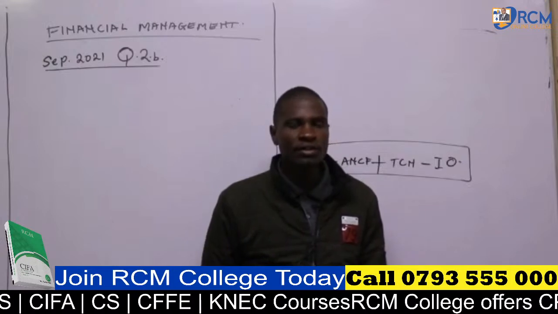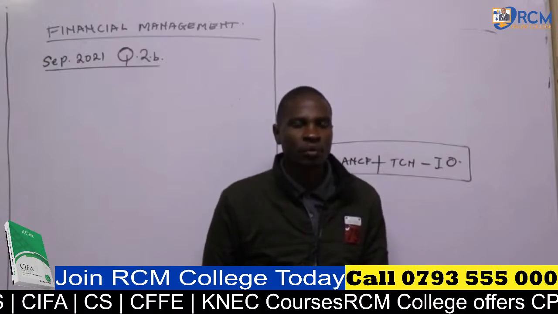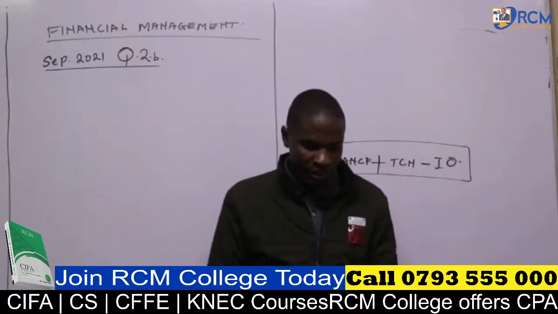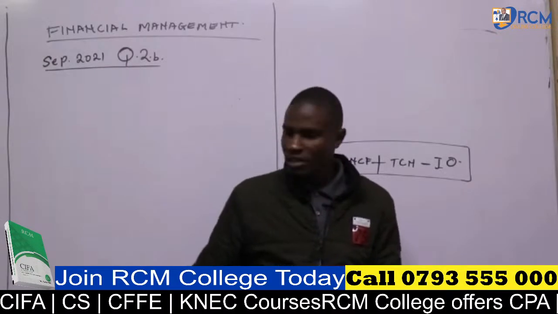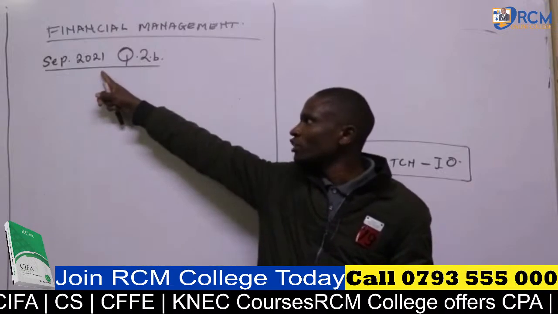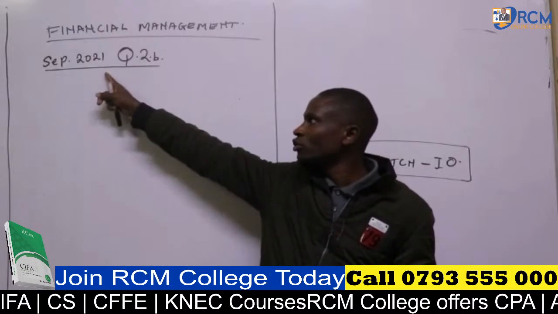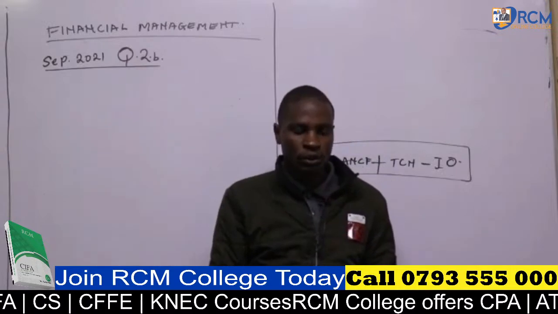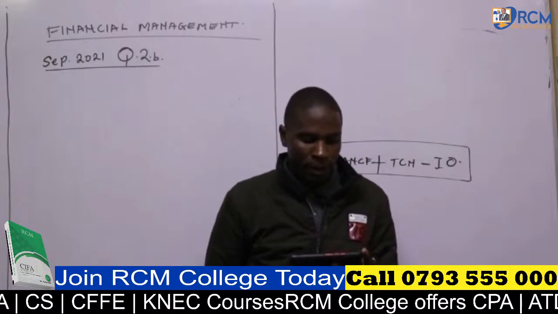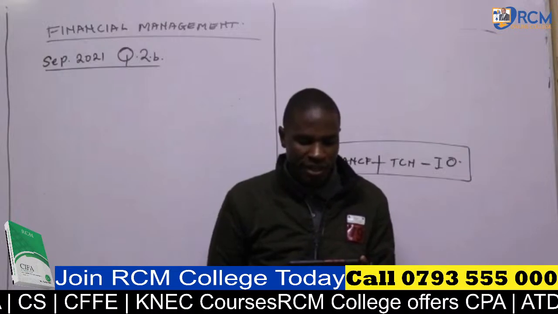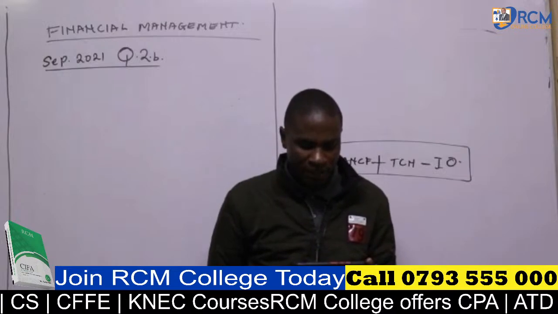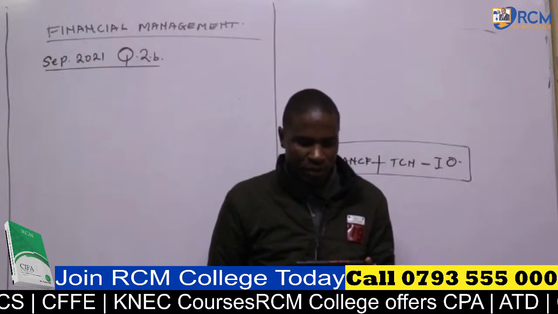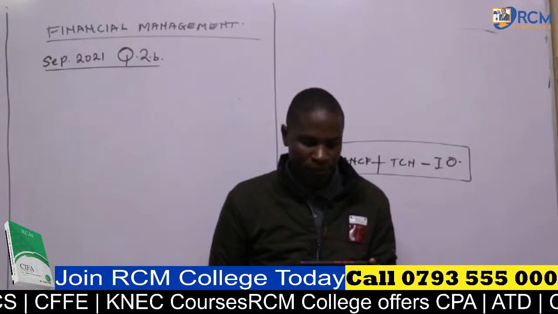Allow me to read the question through and then we tackle it and get the solution. Jahazi Limited is considering, this is from September 2021, question number 2B. Jahazi Limited is considering investing in the purchase of a machine for its manufacturing process at a cost of 5 million.